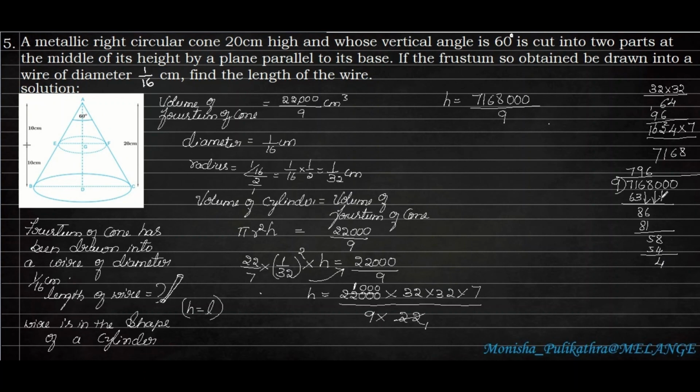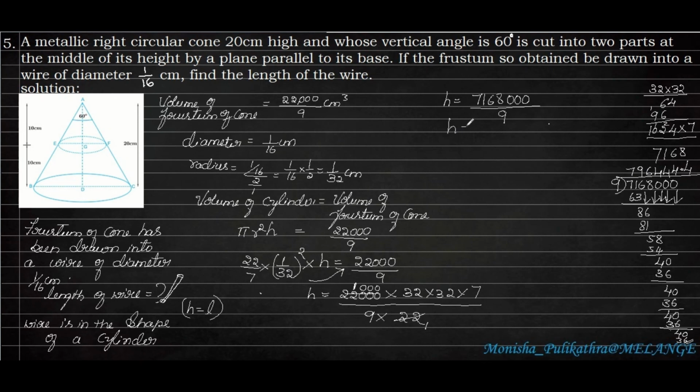Next 0 comes down. 9 fours are 36, so again 4 comes, one more 0. 9 fours are 36, 4, and again one more 0. It is recurring, so we can stop the division here.